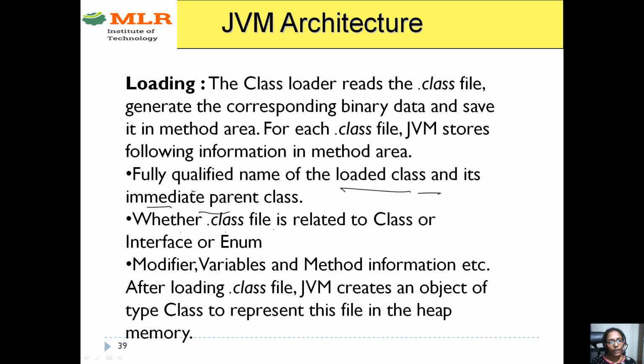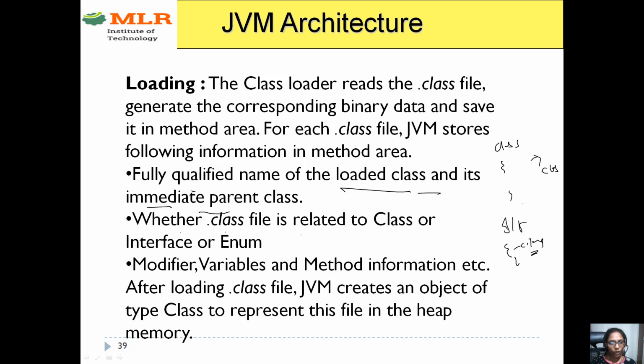And whether the dot class file is related to a class or an interface. In future videos, along with class we will also see interface. So whether it is a class or an interface, for everything a dot class file will be created.